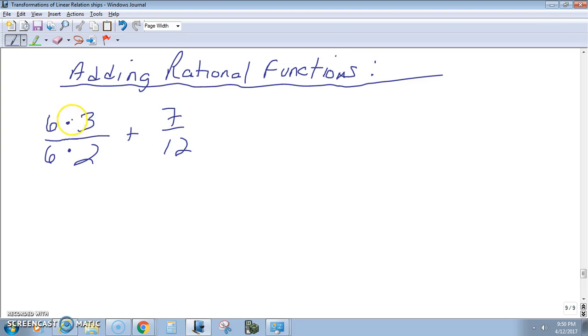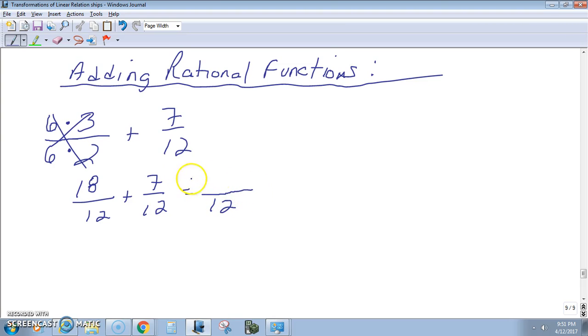Okay, so what does that give us? So instead of 3 over 2, we get 18 over 12, right? So this whole thing is actually 18 over 12. Now that there's a common denominator, I'm going to keep the denominator.